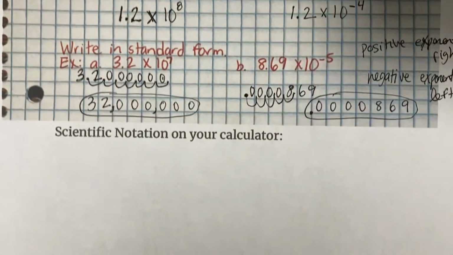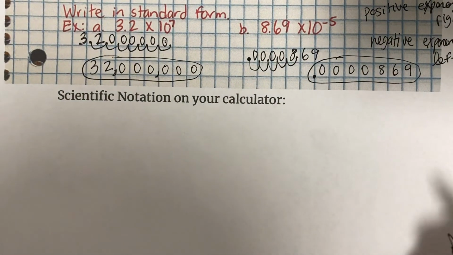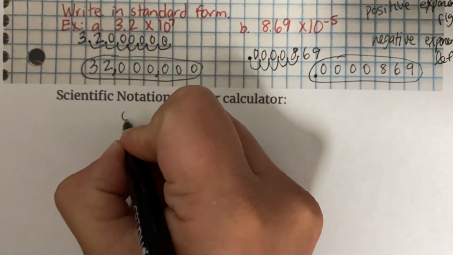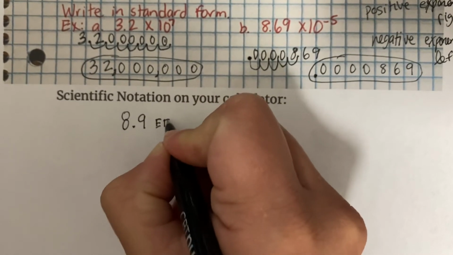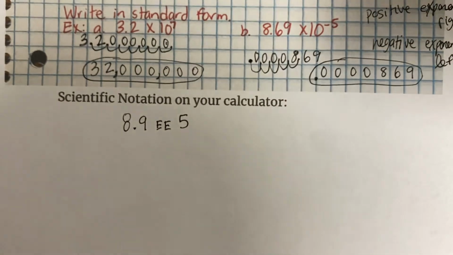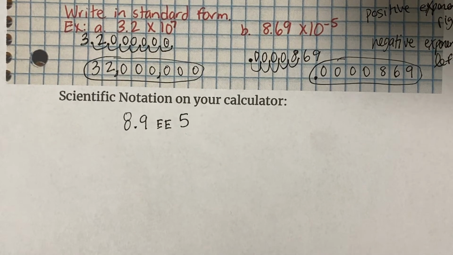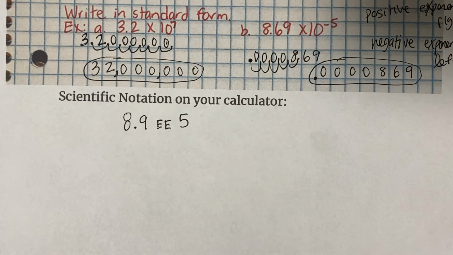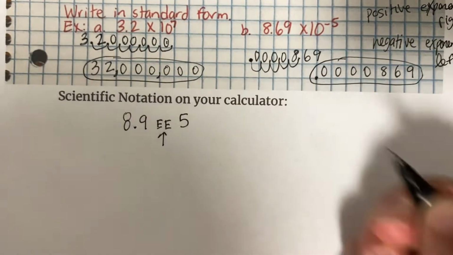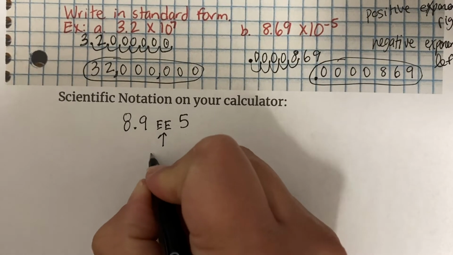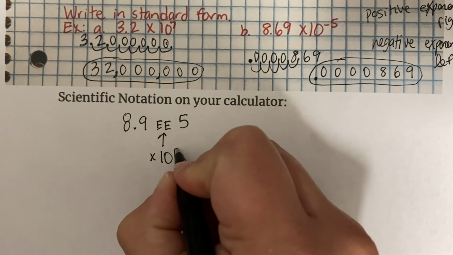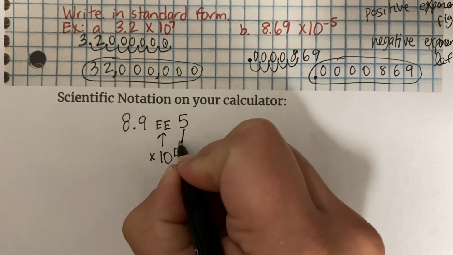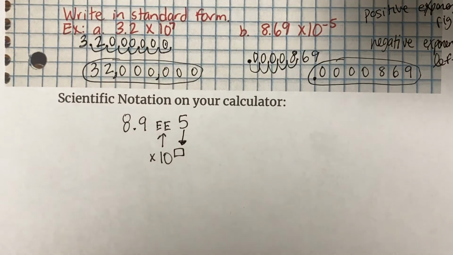Okay. Another way you could see it on a calculator is like this, 8.9 EE5. This EE is just telling you times 10. And this 5 is just my exponent.